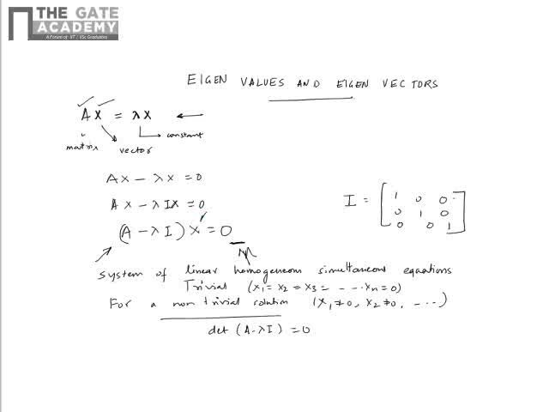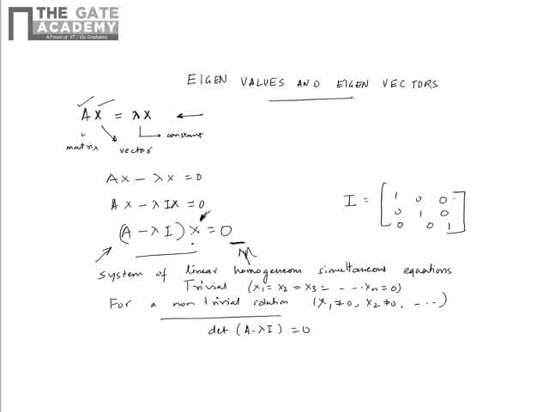So let x be a non-zero vector, that is, its elements are non-zero. When you solve this, say you take A to be a 3 by 3 matrix, this becomes three simultaneous equations in three variables.